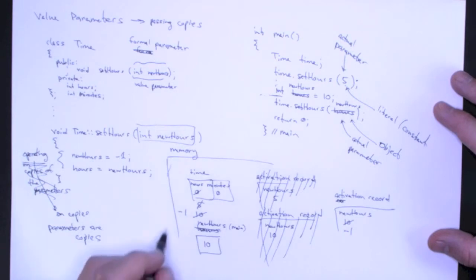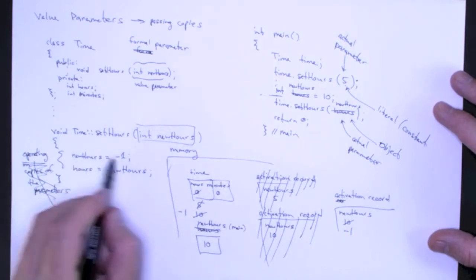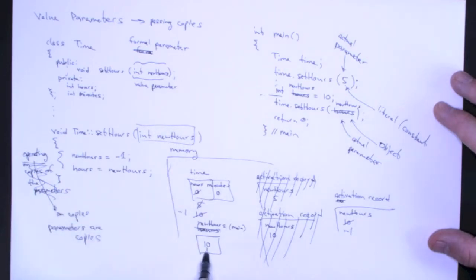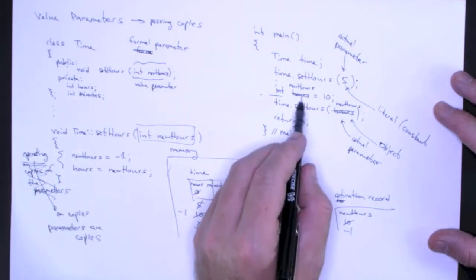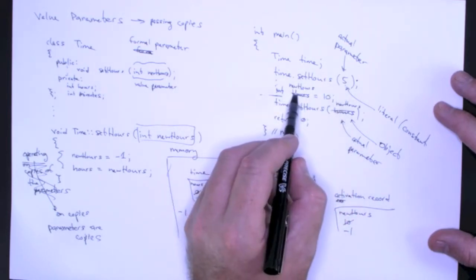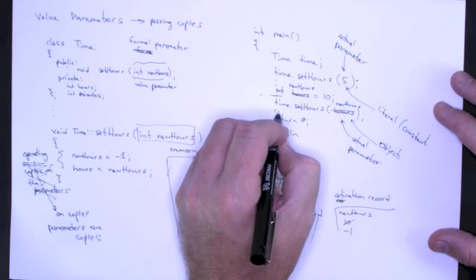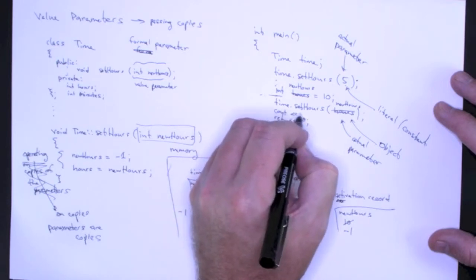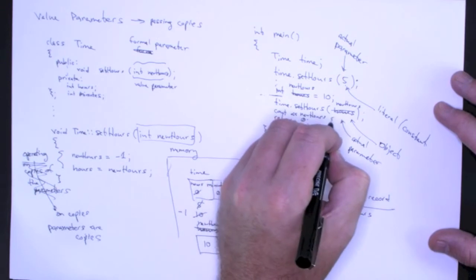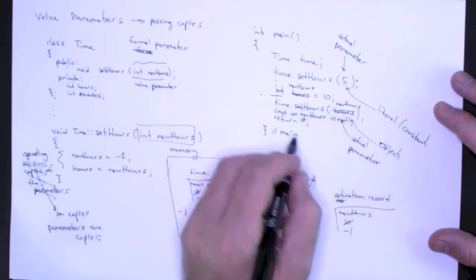We'll see how to do that in just a minute. So any changes that you make to the parameter here, those changes are not going to be reflected in the actual parameters. Now, of course, here you can't change a literal, but if you cout new hours here, you're going to print 10. Okay, you're going to print 10.